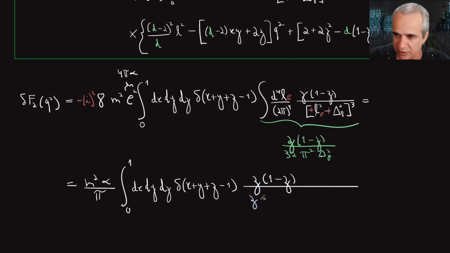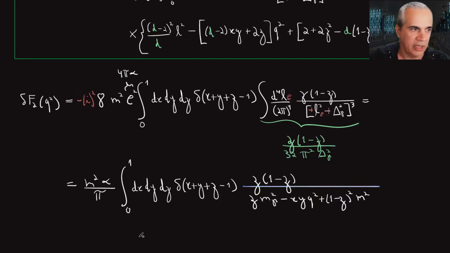So it's z m_gamma squared minus x y q squared plus 1 minus z squared m squared. This is just delta that I wrote explicitly. All the powers of 32 pi squared are already included here.